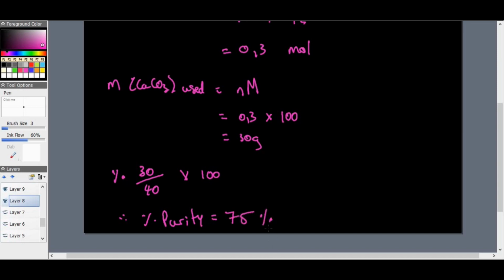So this calcium carbonate is only 75% pure. All right, 25% impure, which is basically 10 divided by 40. So about 10 grams is impure, basically. But they asked for percentage purity.